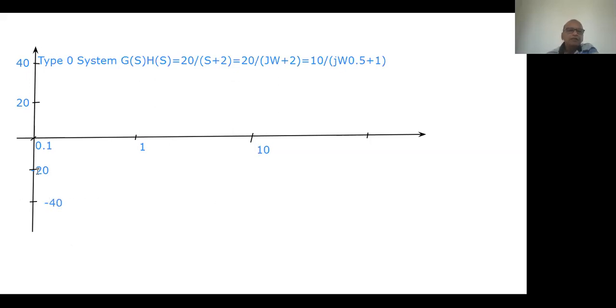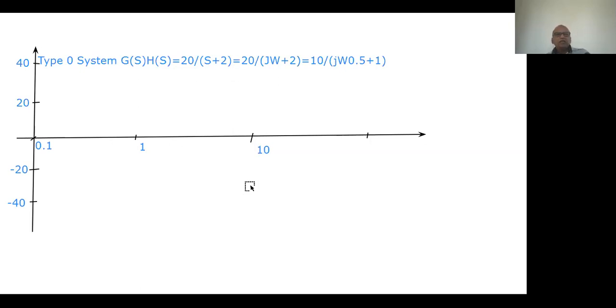This is the scale. The scale on the x-axis is log omega, that is frequency in radians per second. The scale on the y-axis is magnitude in dB.